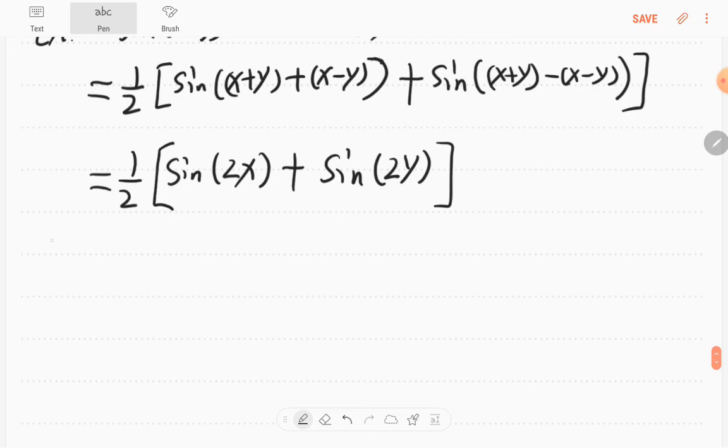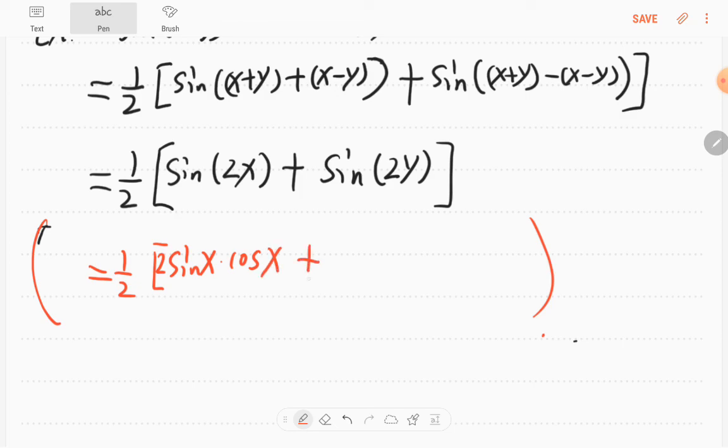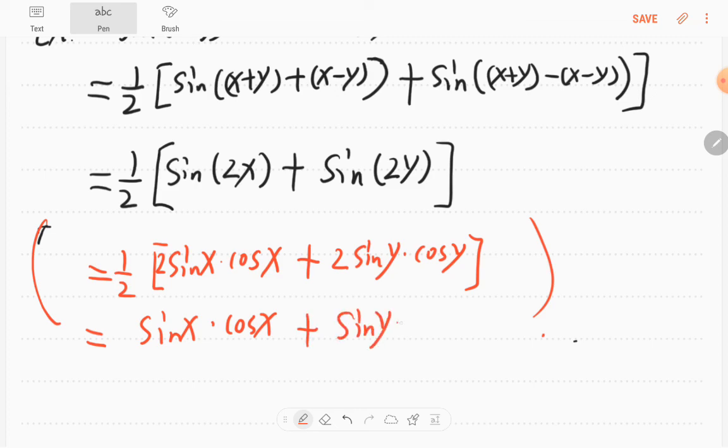So we can continue: it's 1/2 times 2 sine x cosine x plus 2 sine y cosine y. Then you distribute 1/2 to each term, so it becomes sine x times cosine x plus sine y times cosine y.